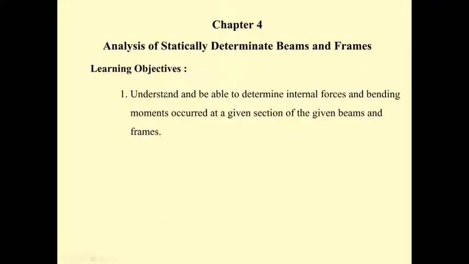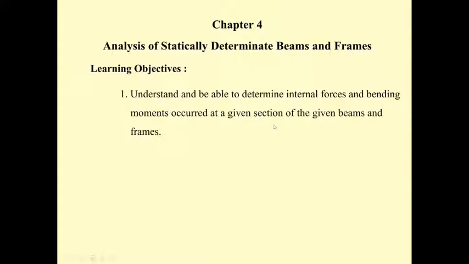The objective of learning is to understand and be able to determine the internal forces and bending moment that occur at a given section of the given beams and frame. Like I said, after the action of the external forces, the frame and the beam are in equilibrium.